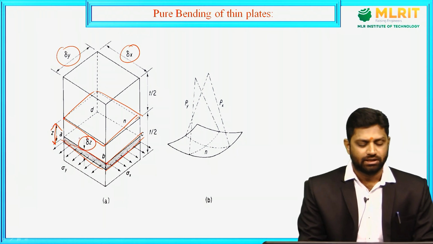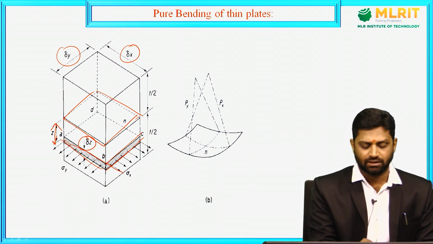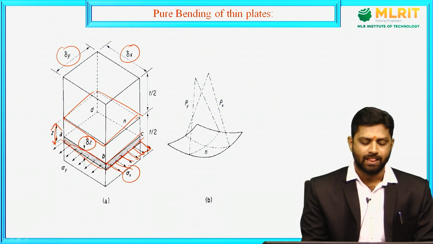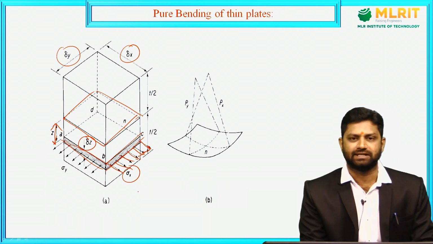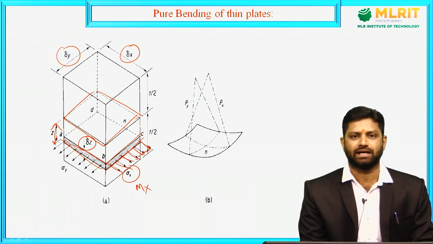There are stresses represented on this edge BC, and that is sigma x. Sigma x is the direct stress induced when you apply the bending moment mx.